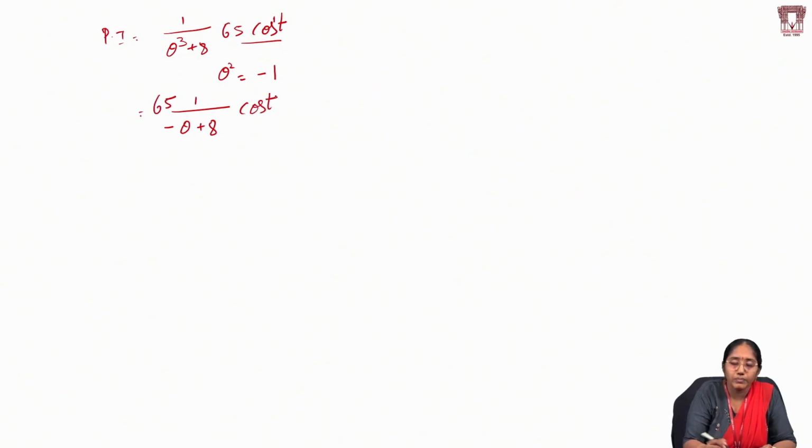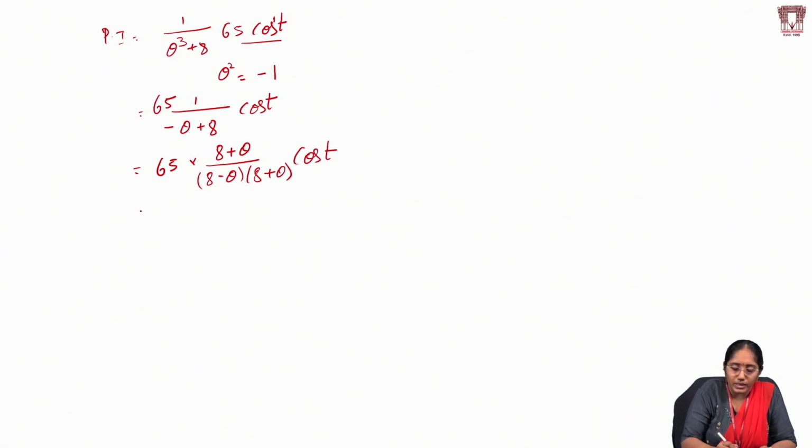Now if we replace, we will get 1 by minus theta plus 8, into 65, which is a constant, cos t. Here, if we observe, theta is in the denominator, which means an operator. The problem is not yet complete. To eliminate this operator, we need to rationalize it: 65 into 8 plus theta, multiplying and dividing with 8 plus theta.